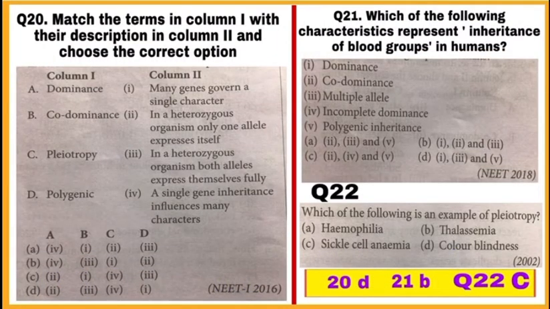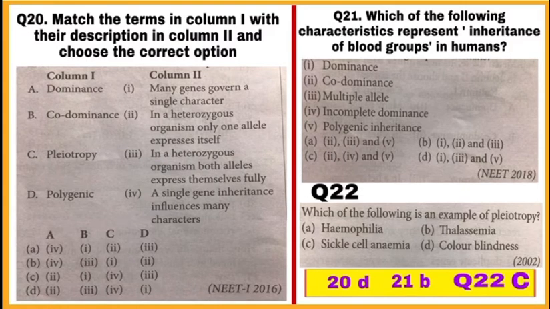Question 20. Match the terms in column 1 with description in column 2 and choose the correct option. A of column 1, dominance, matches with 2 of column 2, that is, in heterozygous organisms, only one allele expresses itself.